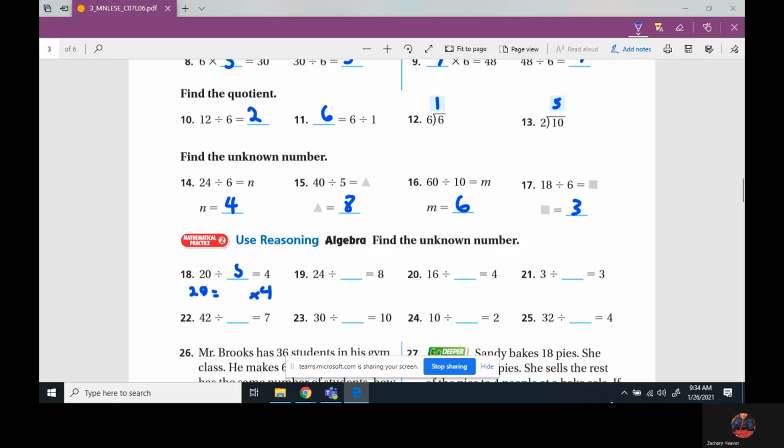Five. Willow, 24 divided by what equals 8? Well, we're going to go 8 times what equals 24? Three. Aubrey, 16 divided by what equals 4? 4 times what equals 16? 4.